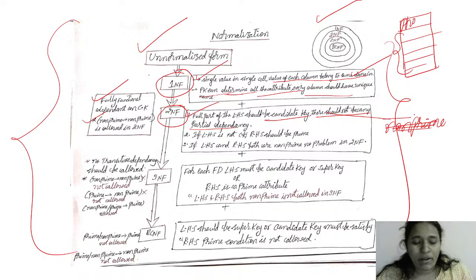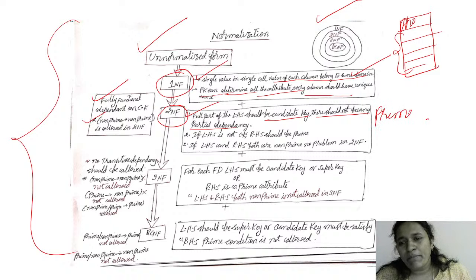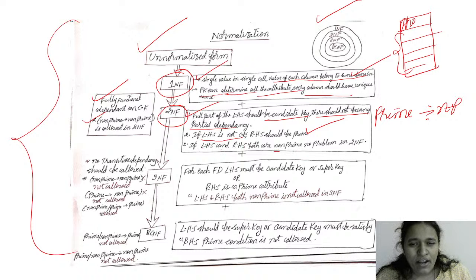Sorry, friends, partial dependency means prime to non-prime: part of a candidate key is determining the non-prime. Prime to non-prime is not allowed. If the LHS is not a candidate key but the RHS is prime, there is no problem in second normal form. If LHS and RHS are both non-prime, it is also no problem in 2NF.